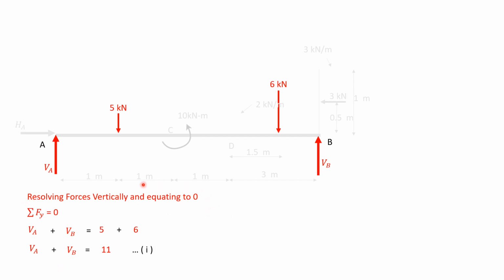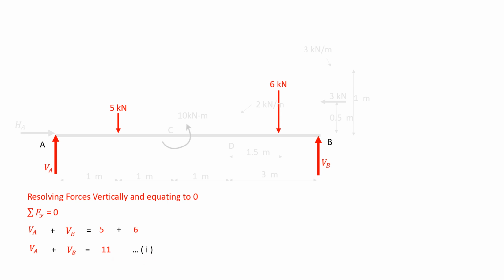Resolving forces vertically and equating to 0, summation of vertical forces VA plus VB equals summation of downward forces 5 plus 6. So VA plus VB equals 11.